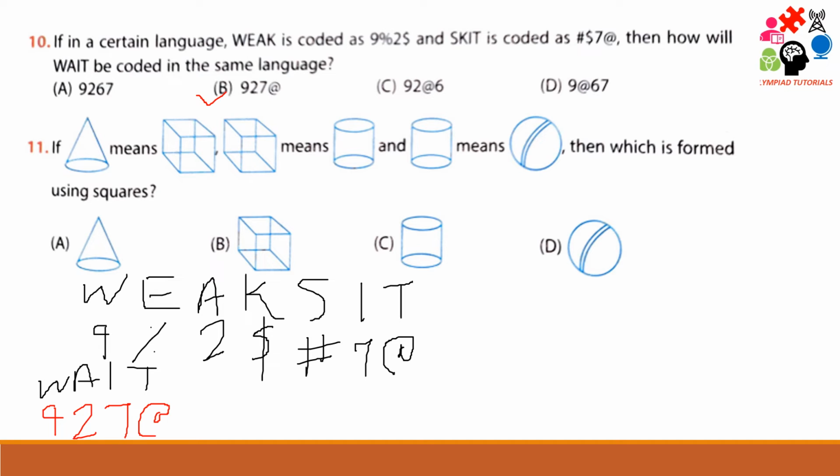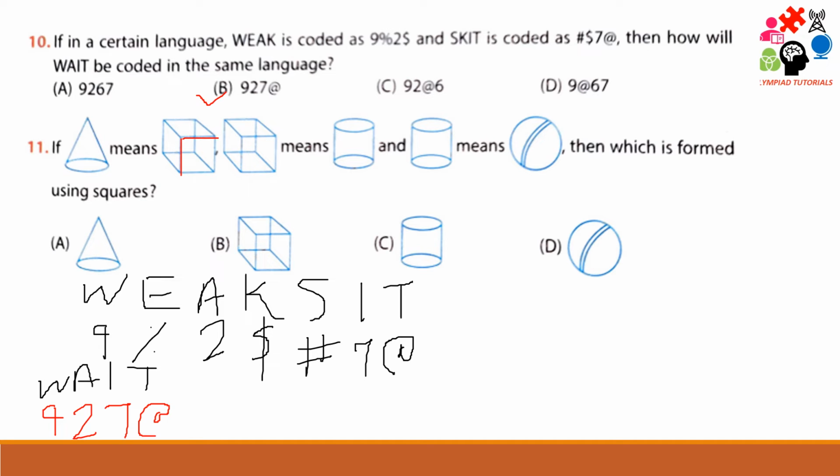So now here you can see the solid figures are there and let's start solving them. If cone means cube, cube means cylinder, cylinder means sphere, then which is formed using squares? So you know square is a plane figure and squares are forming a cube.